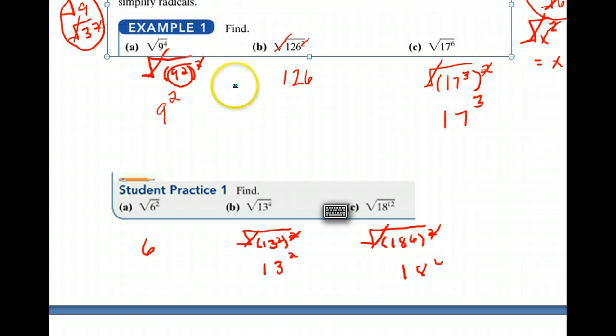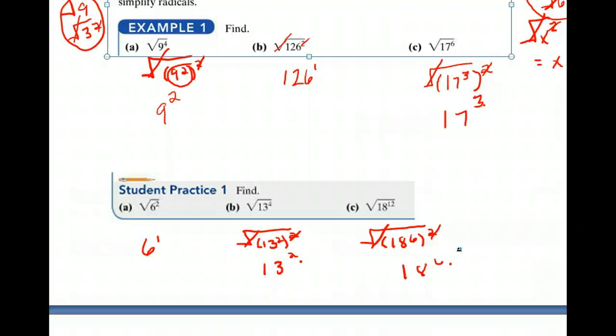Now, we went from a 4 to a 2 to a 1, a 6 to a 3, a 2 to a 1, a 4 to a 2, a 12 to a 6. Do you notice a pattern between what is happening as you are evaluating those square roots from start to finish?